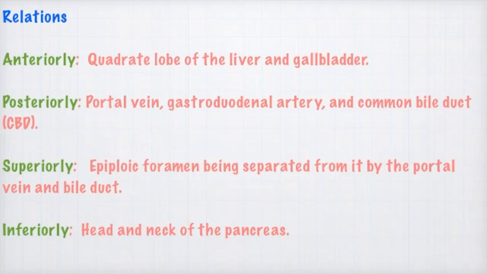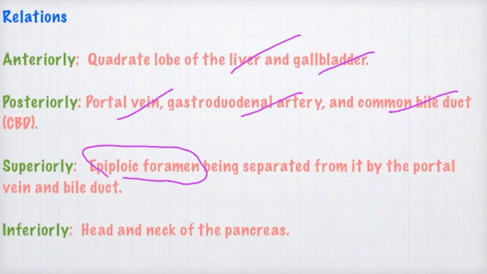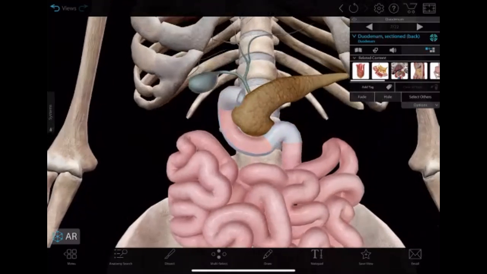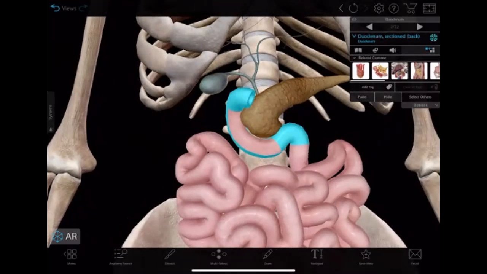Coming to the relations of the first part: the quadrate lobe of the liver and gallbladder anteriorly; posteriorly the portal vein, gastroduodenal artery and common bile duct; superiorly the epiploic foramen, being separated from it by the portal vein and bile duct; head and neck of the pancreas inferiorly. So we'll see.